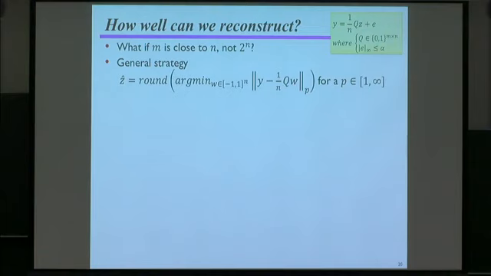Then there's a general strategy that works pretty well, and a lot of the attacks in the literature have this form. I'll look for some data set that minimizes some measure of distance between the vector of statistics that were released, that's y, and the vector of statistics for that data set, usually the Euclidean distance or the L1 distance. And that'll give me some kind of approximation to z hat.